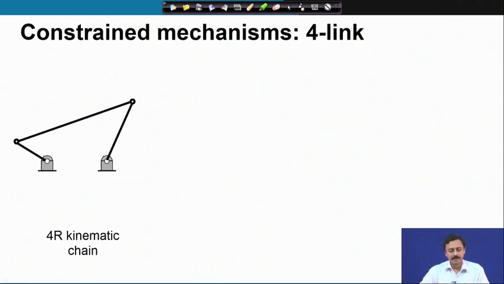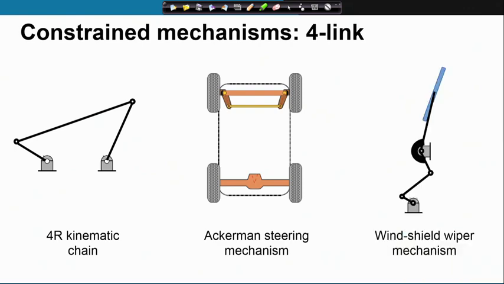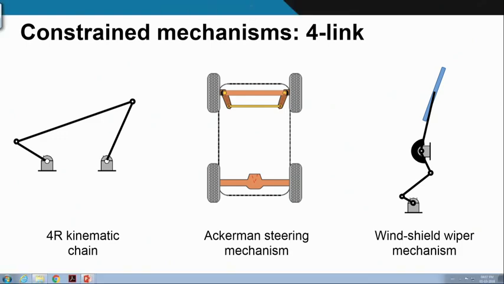Let us look at some applications of these kinematic chains. The Ackermann steering mechanism is one application of a 4R kinematic chain. The windshield wiper mechanism is also another application of this 4R kinematic chain.